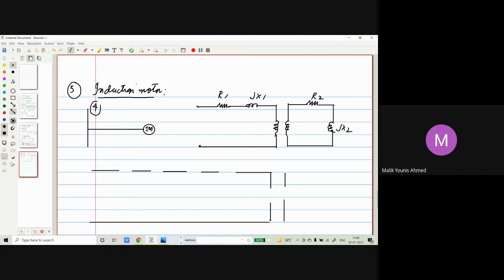We call it a static load. Load will have only impedance. So here we can have resistance, reactance, referred to primary I am making. Resistance, equivalent circuit, referred to primary.